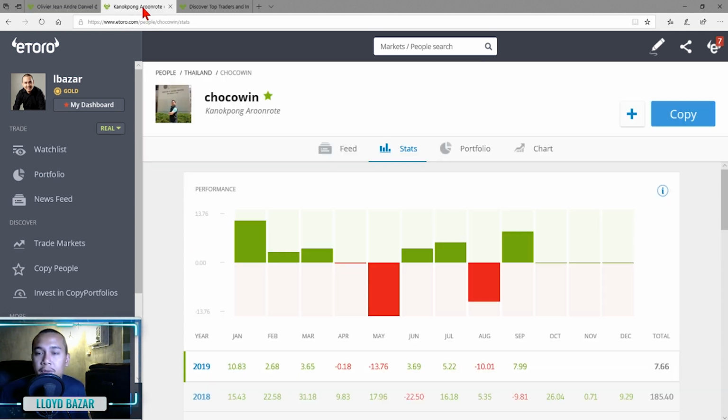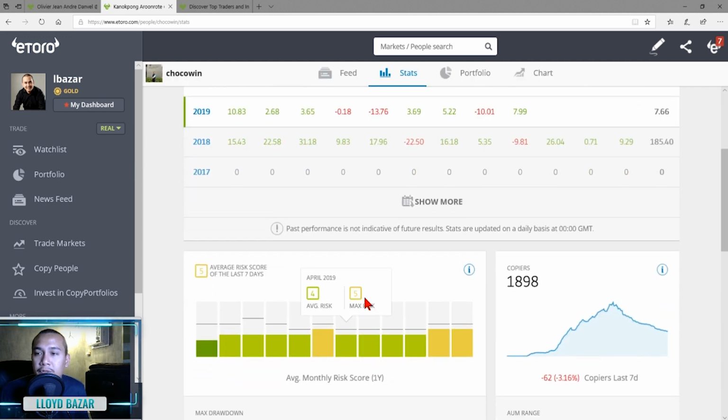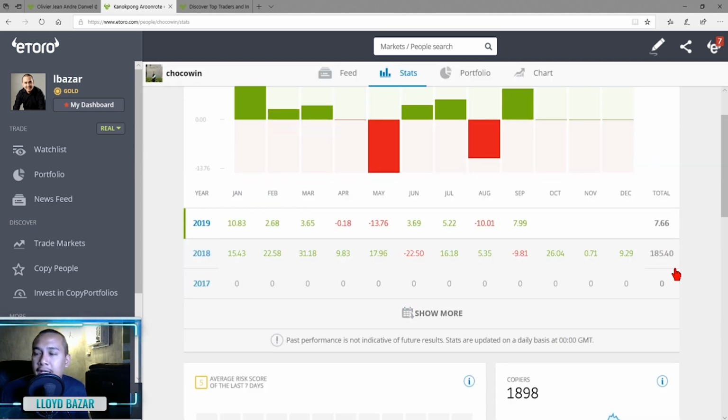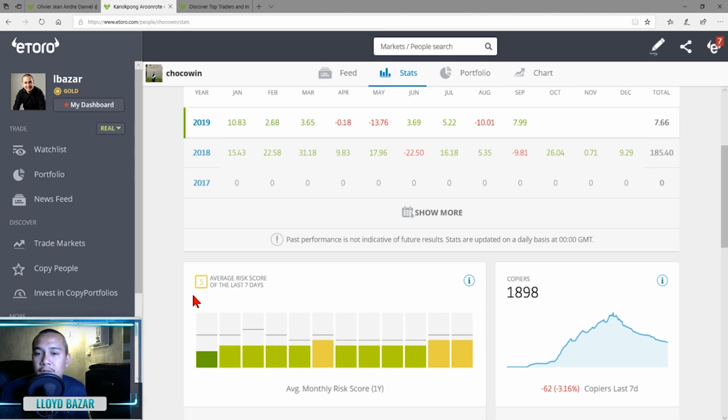Let's look at Chocowin again as a contrast. So Chocowin, since last year, he won 185%. So his overall risk is around 5 as of the moment. So you can still copy him if you want to, because that's still allowable. But it's up to you. The higher the risk, the higher the probability your gains are going to be in the future.